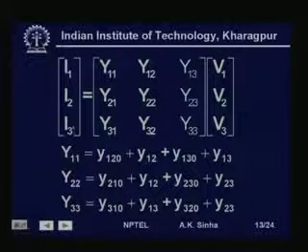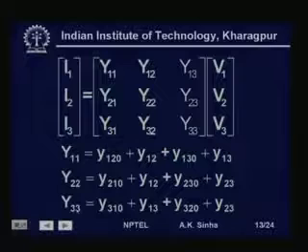[I1, I2, I3] is equal to capital Y, we are writing here, Y11, Y12, Y13, Y21, Y22, Y23, Y31, Y32 and Y33, times [V1, V2, V3], where Y11, the diagonal element, is y120 plus y12 plus y130 plus y13, and the diagonal element Y22 is y210 plus y12 plus y230 plus y23.